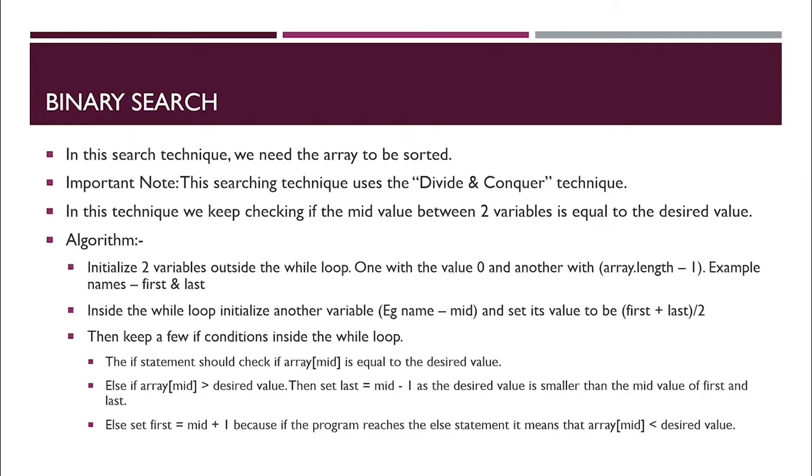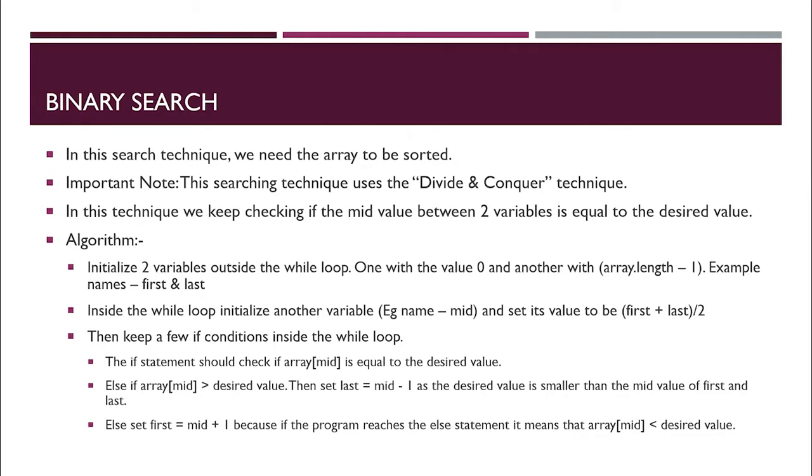By doing this, we're checking if the middle value between first and last is greater than the desired value. First and last are variables that tell us the beginning index position and the last index position between which the desired value is. And I'll explain this further when I show you the example.